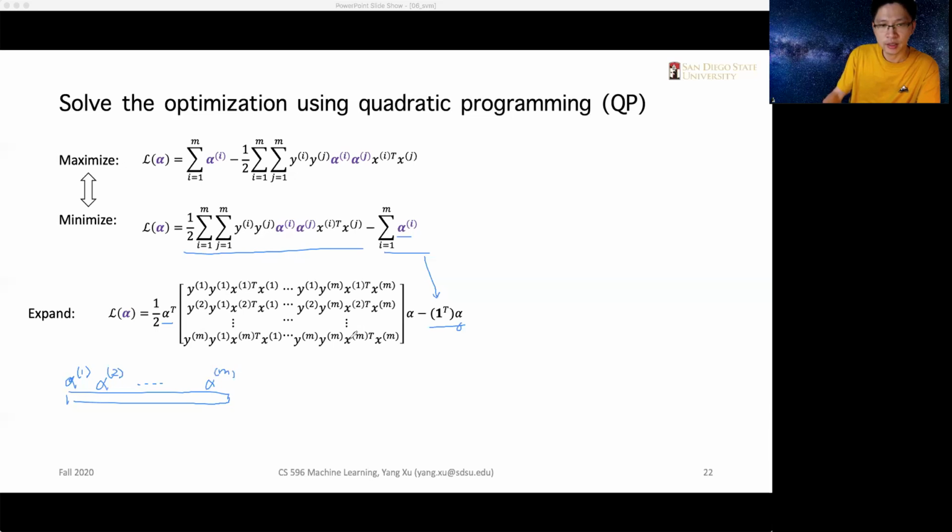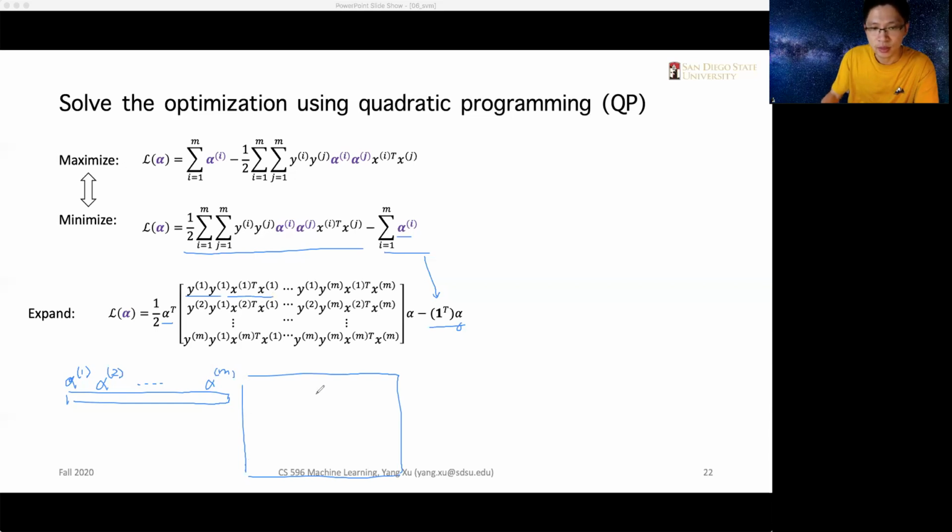And the thing in the middle contains all the coefficients computed from y and x.